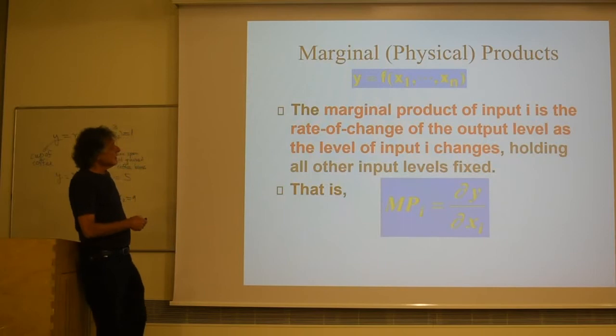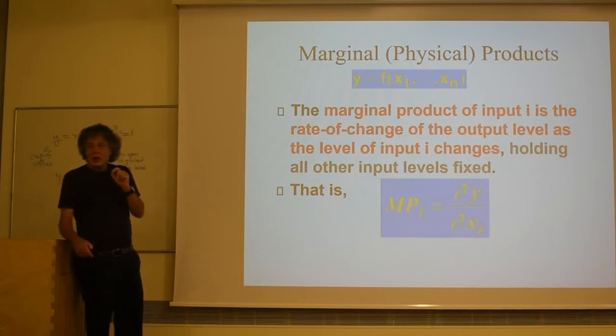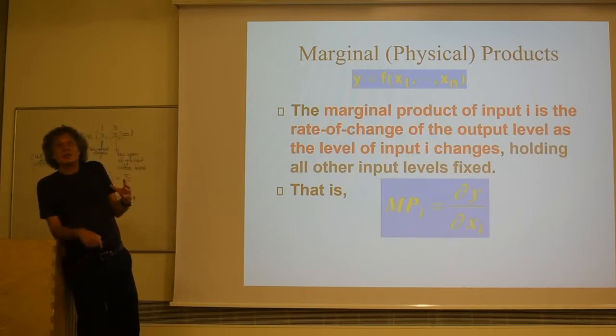I want to see how much extra output I can get per unit change of input number i. I have n inputs, so I change input i. And therefore I want to see by how much I change. I can change it by a lot, or by a small amount. Let's do a small change.